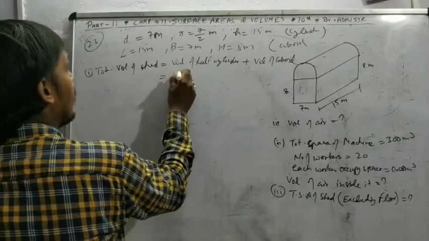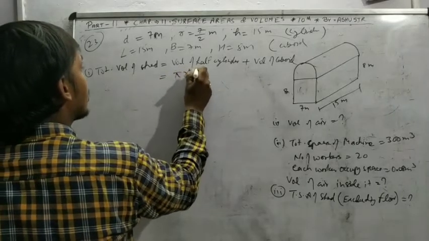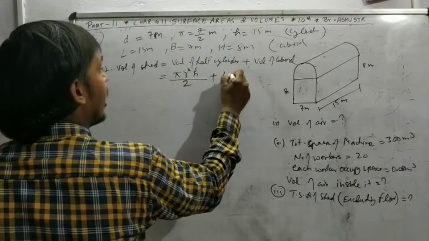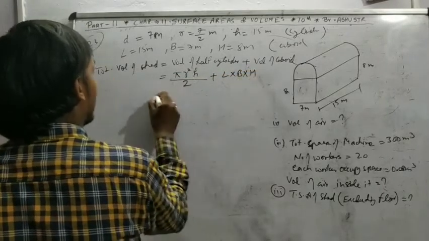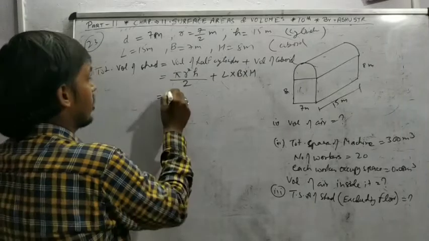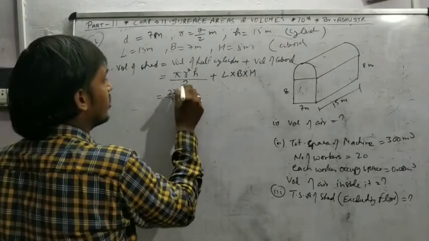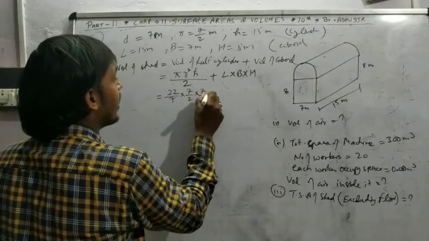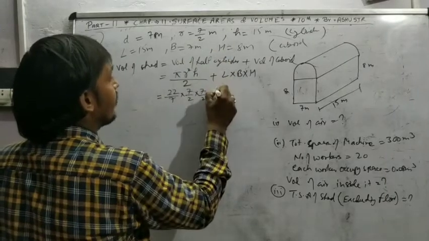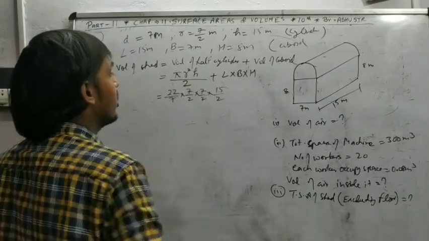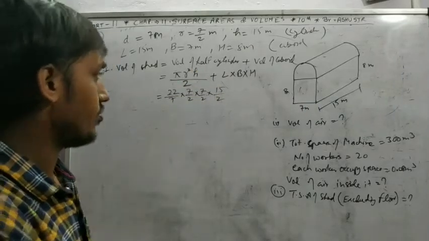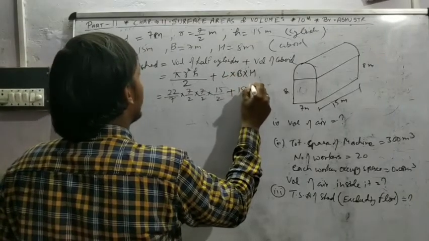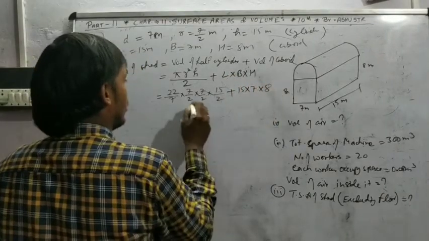Pi r square h is the volume of the cylinder, half, plus length into breadth into height. Put all the values: 22 by 7, r is 7 by 2, 7 by 2, h 15, and this by 2, plus length into breadth into height.